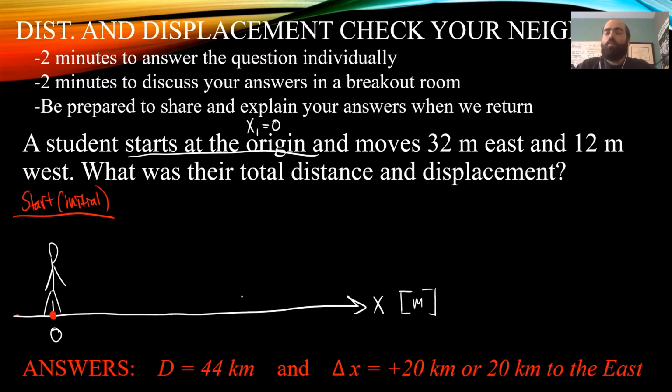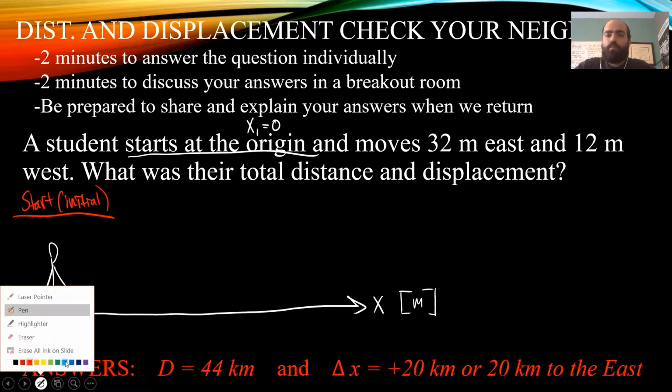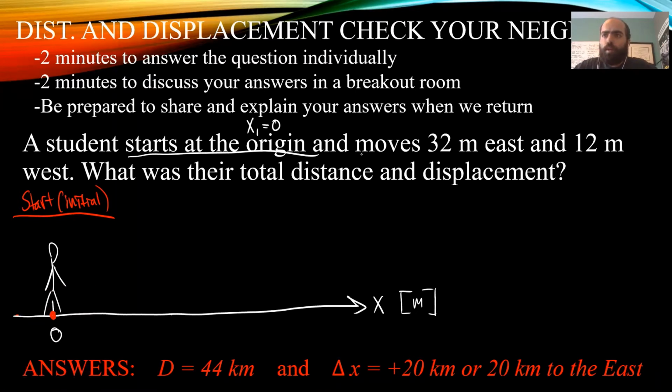What happens is that we move 32 meters to the east. So we're told that from the origin, we move 32 meters east. So you have both a magnitude, how far you're moving, and a direction, to the east.